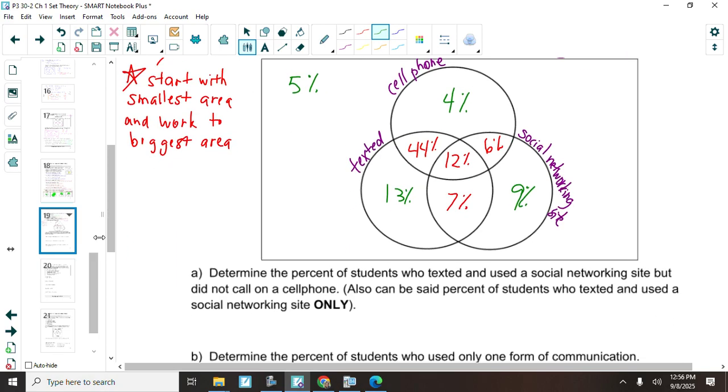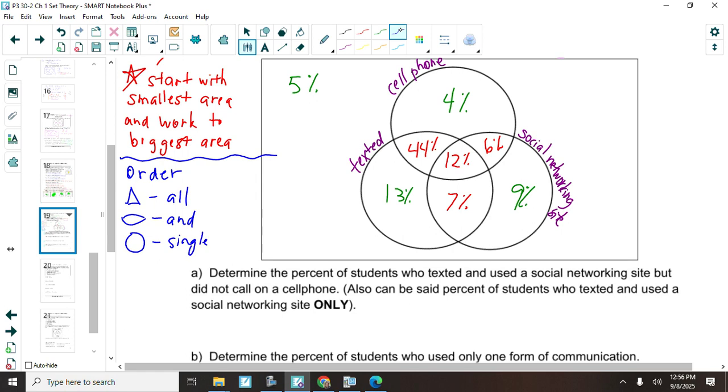If you want a little picture view of this, if you're a very visual person, this is my note to myself, and you can use it. So, order. I did the triangle, the all. Then I did my eyeball, which is my and. Then I did single, which is kind of like my only.